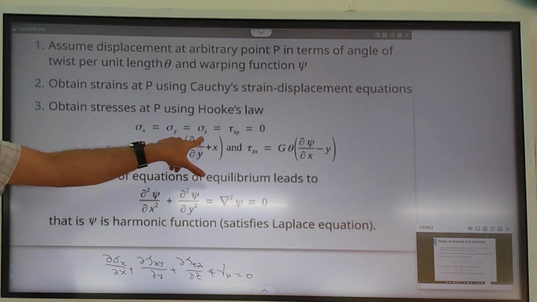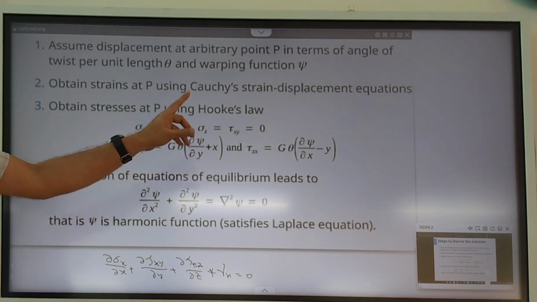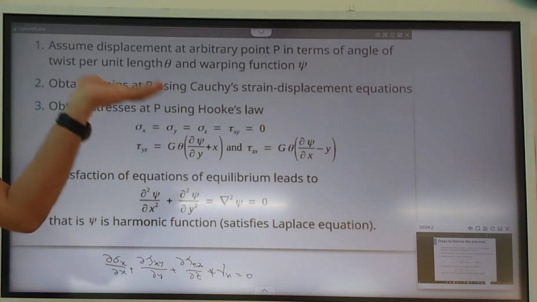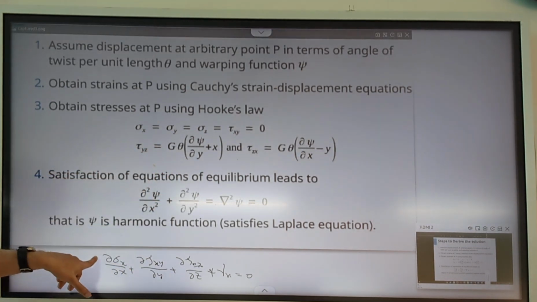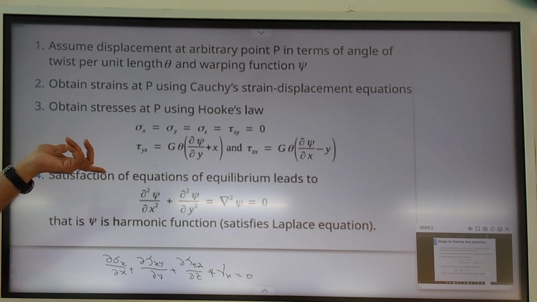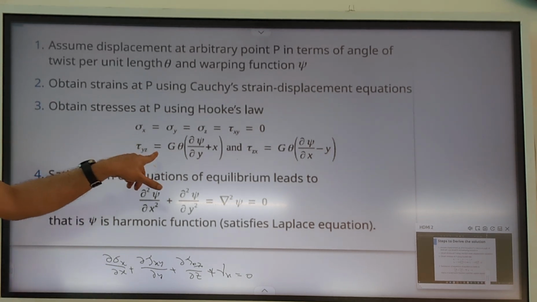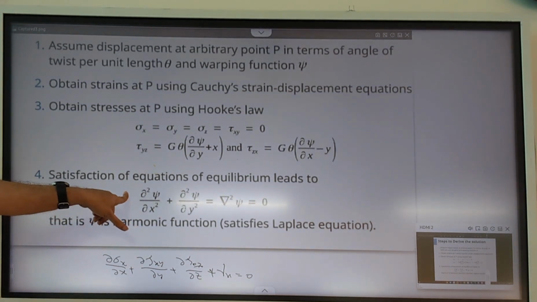In order to get the warping function psi, we use the property that any stress solution must satisfy the equations of equilibrium. So we substitute these values into these three equations. Some equations will get automatically satisfied, but the other equation would give a condition which the warping function must satisfy.